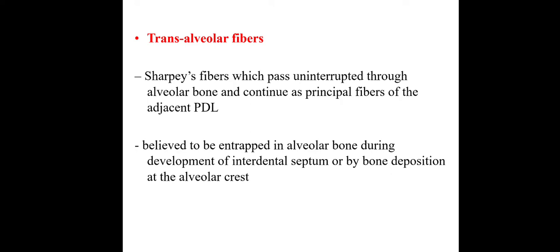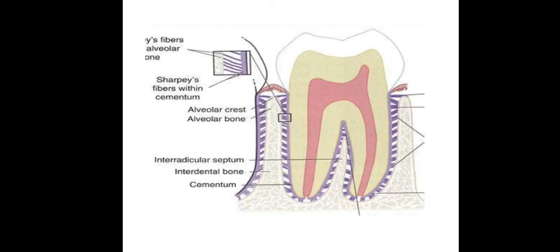The next group of fibers we have to talk about is the transalveolar fibers. Transalveolar fibers are again a type of Sharpey's fibers. As I told you, Sharpey's fibers may get inserted into the alveolar bone, and once inserted, they provide attachment. Sometimes they pass uninterrupted through the alveolar bone.